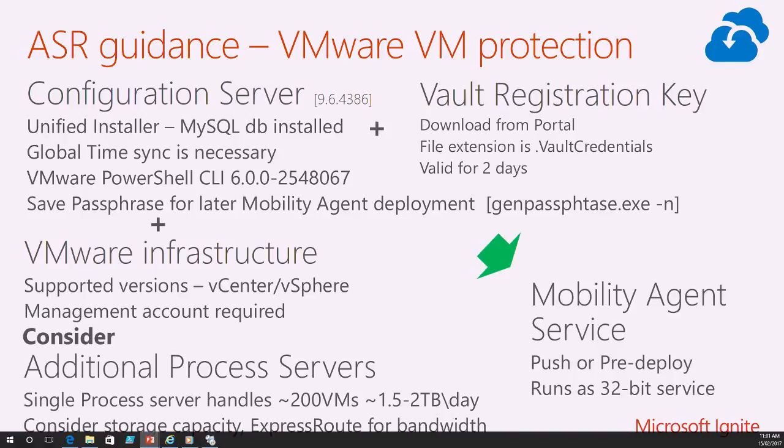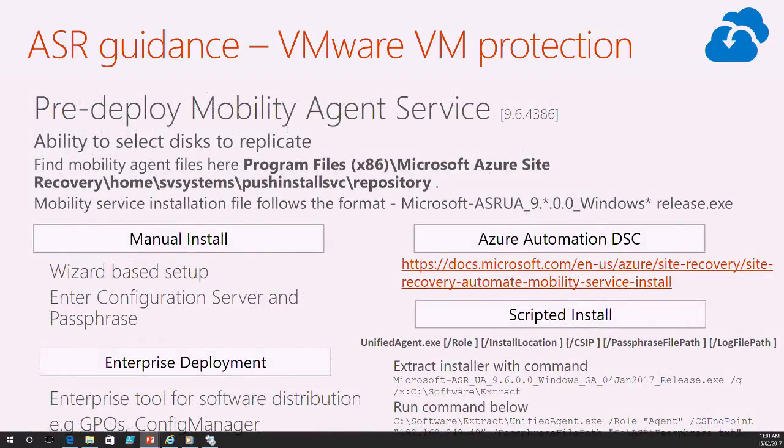As I mentioned, there's this mobility agent that exists on each workload that you're replicating into Azure with the VMware scenario. You install this mobility service. A best practice, and that's on the next slide, is how we go about deploying it.